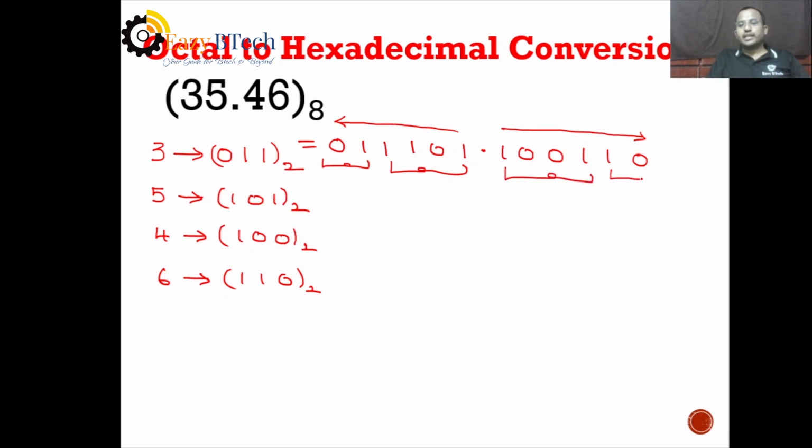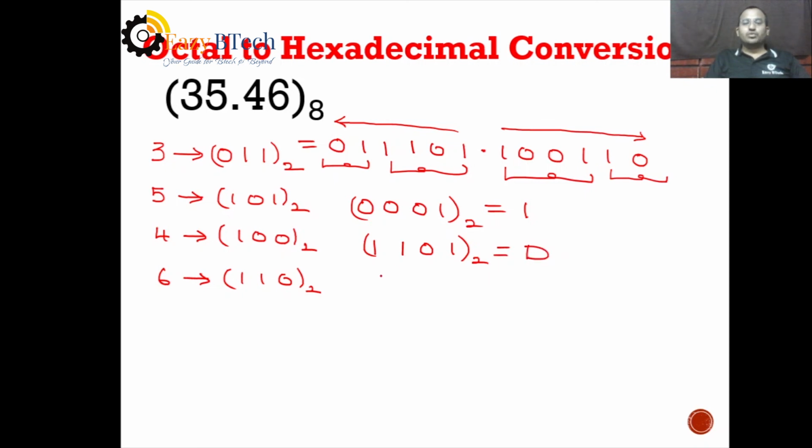Here also we are left with 2 zeros, so we have to append 0. If we append zeros to 0001, the corresponding hexadecimal equivalent is 1, and then we have 1101, which means 13, and 13 means D.